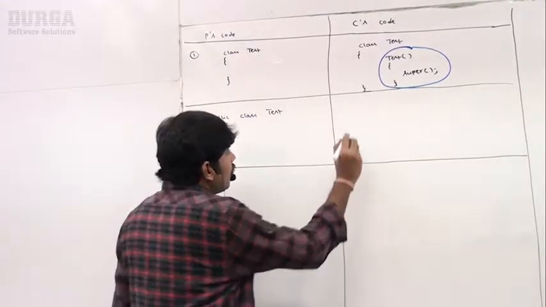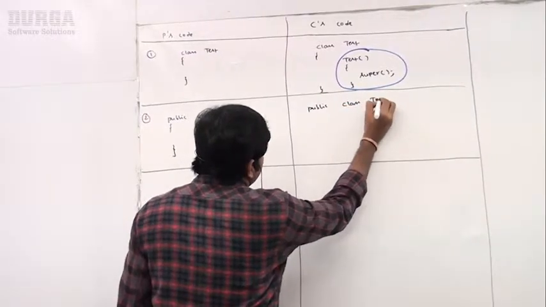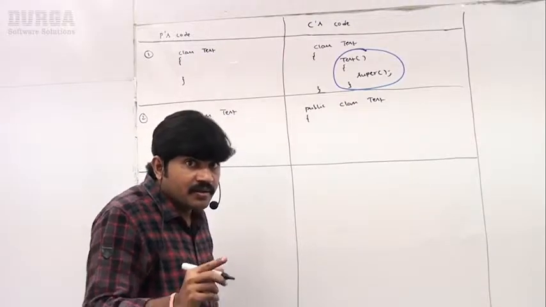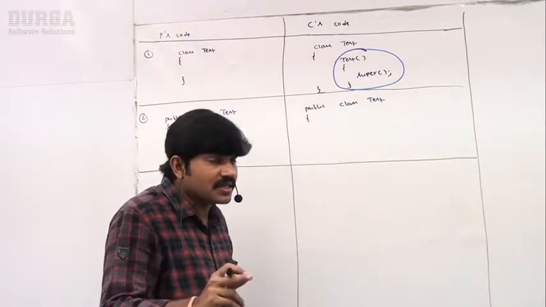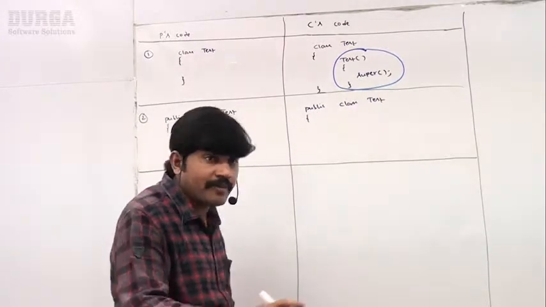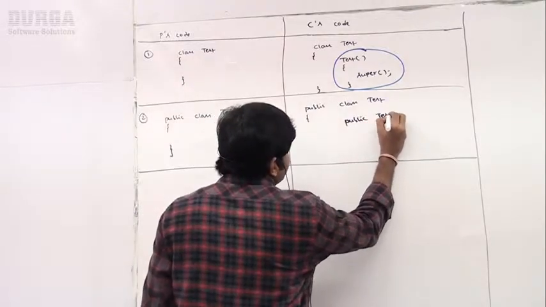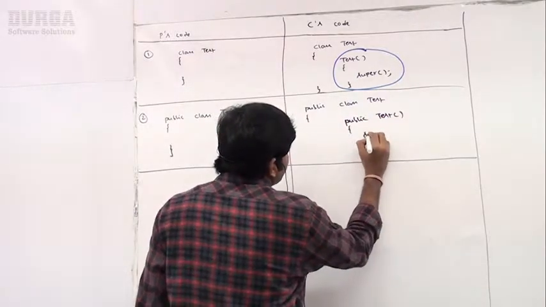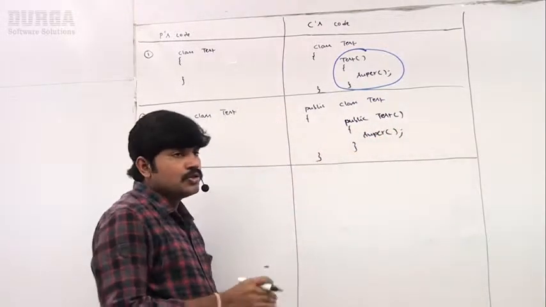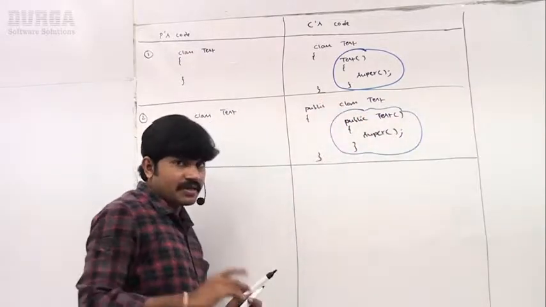Here, for public class test, the default constructor is a no-arg constructor, its access modifier is the same as the class modifier, and it contains only one line, super. So public test contains super like this. This is the extra code generated by the compiler.